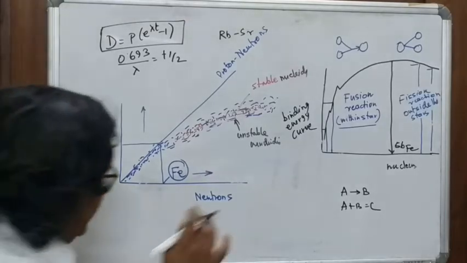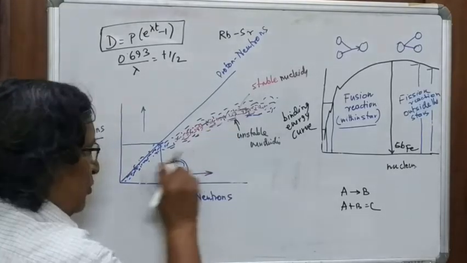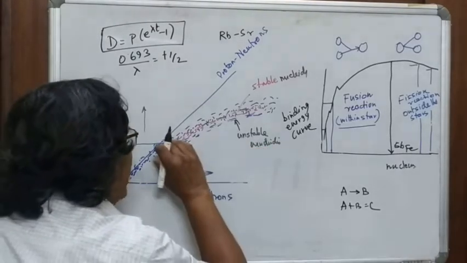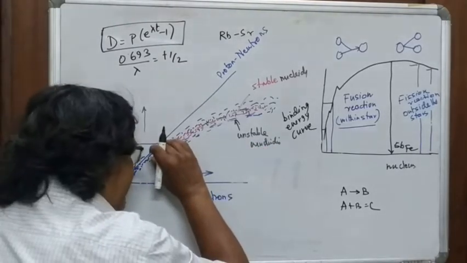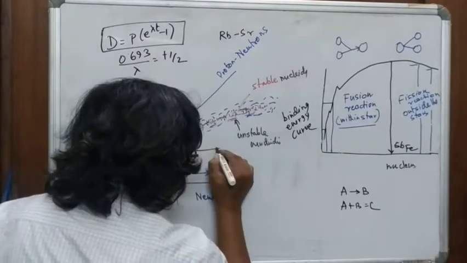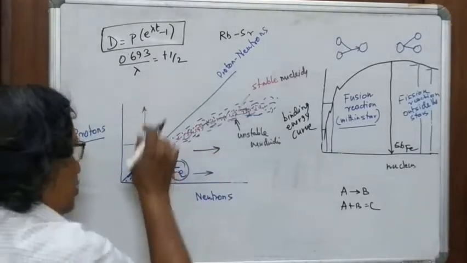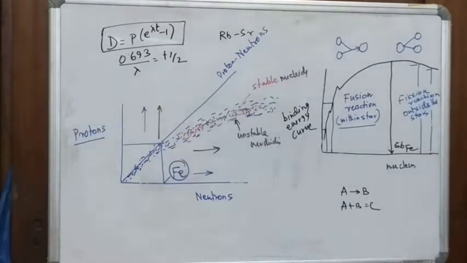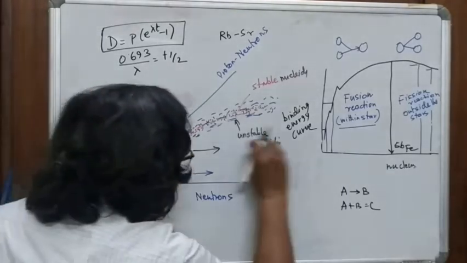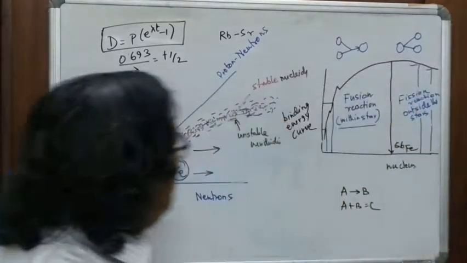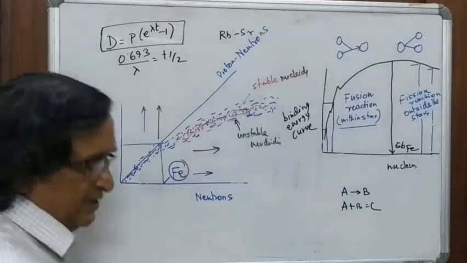And these are stable nuclides. So whenever you have a neutron bombardment, it takes the pre-existing heavier nuclei in this direction. And if there is proton bombardment, it takes the heavier nuclides in this direction. But when you make them neutron rich, they are very unstable, and they would like to go back into the zone of stability.